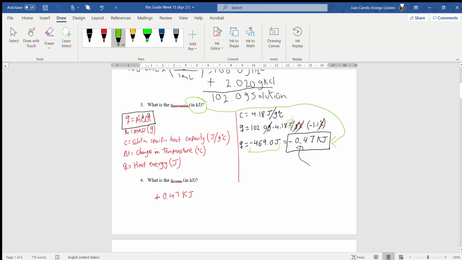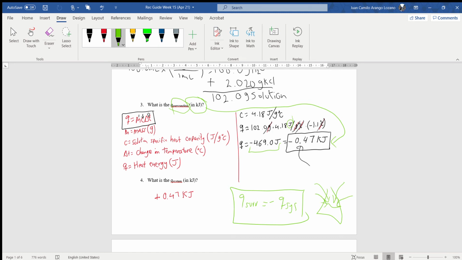And if this is the q for my surroundings, and as I told you, my q of the surroundings is going to equal minus my q of my system, and vice versa. So you need to keep this in consideration, because if you have a reaction going on, and in this case, they are telling me that my reaction is gaining energy, that energy has to come from somewhere, right?